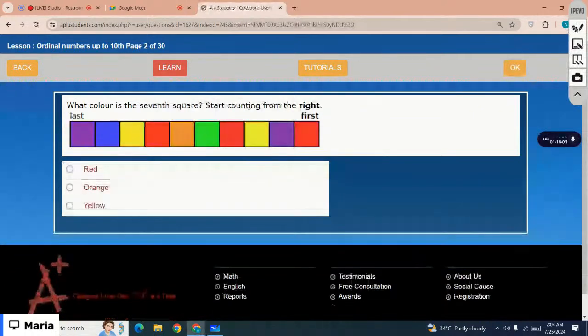Okay, what color is the seventh square? Start counting from the right first. So which is the correct option?